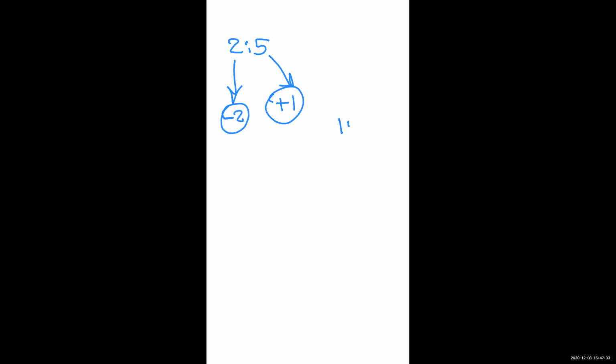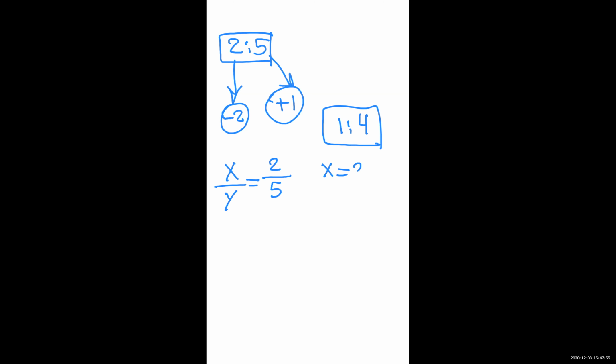Find the two numbers. I will assume that the numbers are x and y. So x over y equals 2 over 5. Then x will equal 2m, y will equal 5m. Now concentrate.